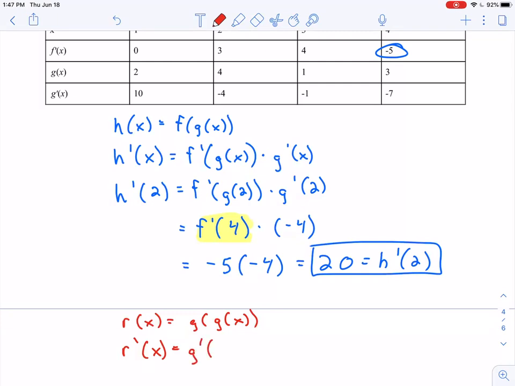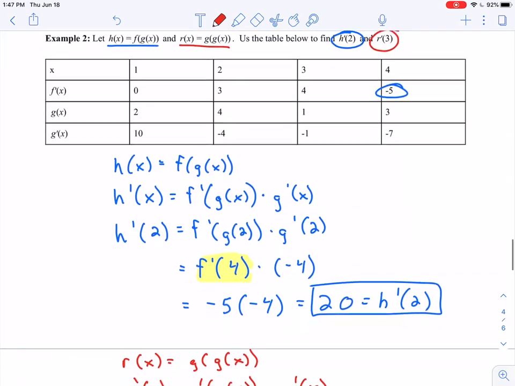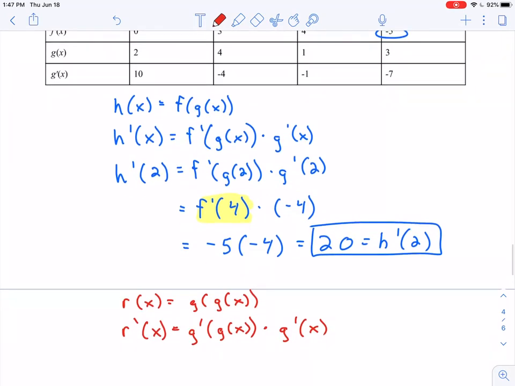G prime, the derivative of the outside part, inside part stays exactly the same, so g prime of g of x, times the derivative of the inside part, g prime of x. And I want to evaluate r prime of 3, so 3 is my input.